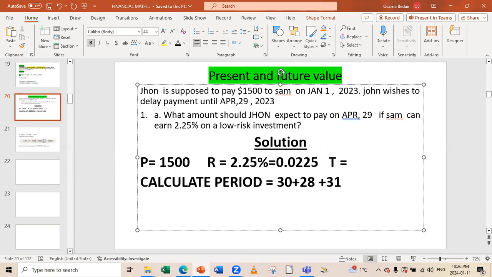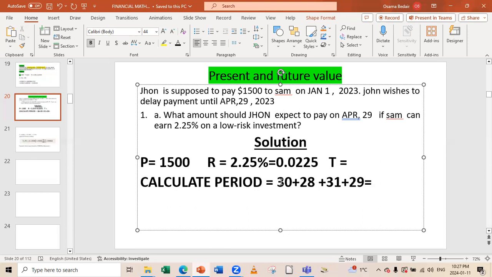Then we add till April 29, the day of giving back the money, the end day which is registered here, which is 29. So we'll collect these days together by the calculator.